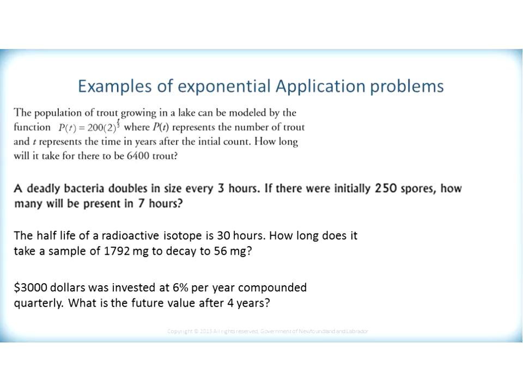So when we substitute 6,400 into the formula, we get 6,400 equals 200 times 2 to the power of t over 5. We're solving for time here. It says how long, so we're going to solve for t. What we did in Chapter 6, we divided 6,400 by 200 to get the power by itself, which gives us 32 equals 2 to the power of t over 5.